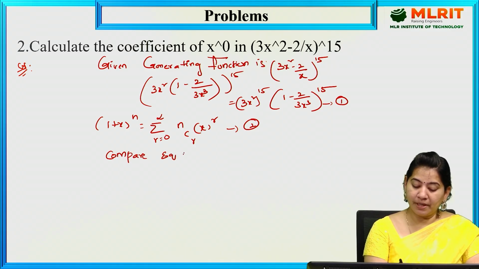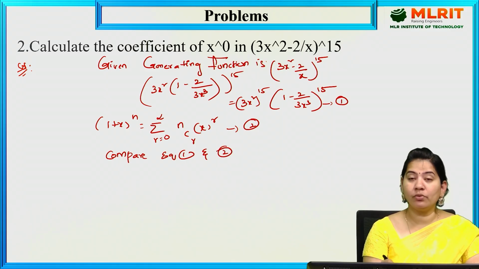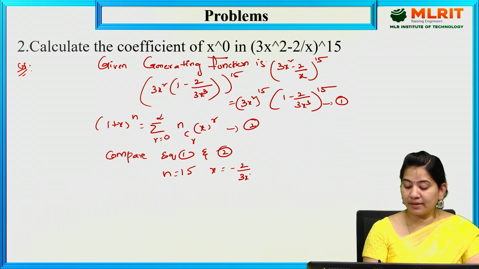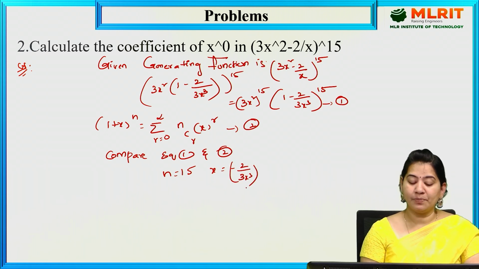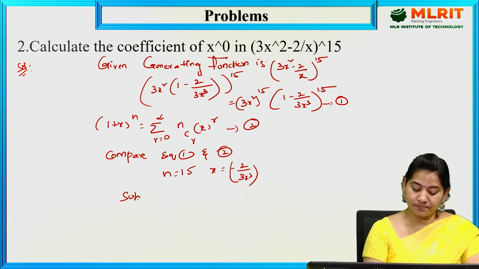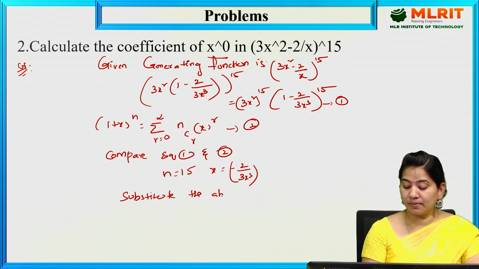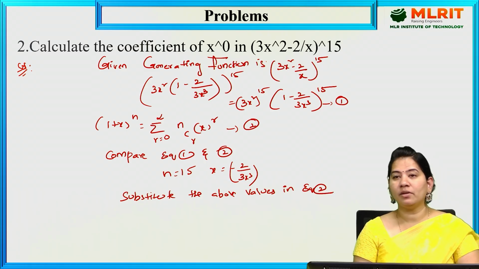If you compare equation 1 and 2, what is n value here? n is equal to 15 and x is equal to minus 2 by 3x cube. So substitute these values in equation 2.